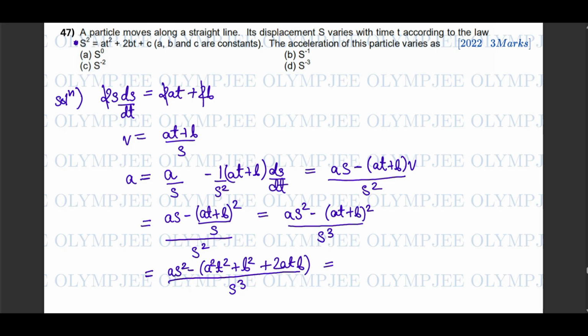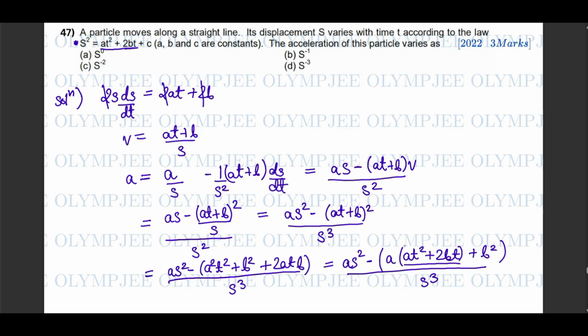So we can see that if we take a common from some term, a(bt square plus 2bt plus b square) divided by s. So we can see that this term in the bracket is equal to this.